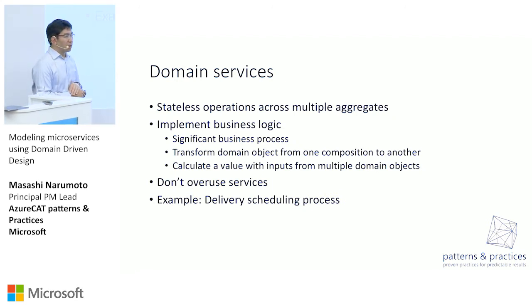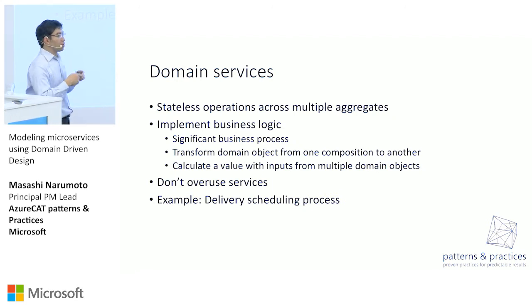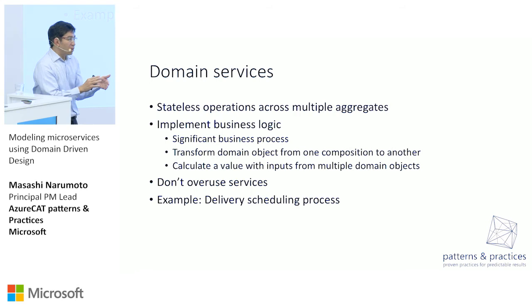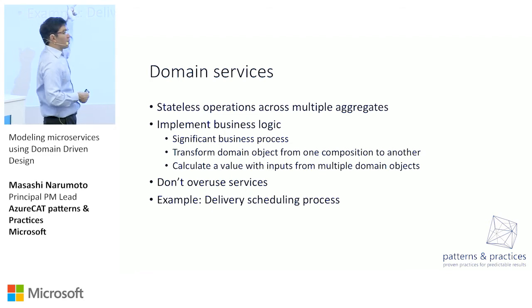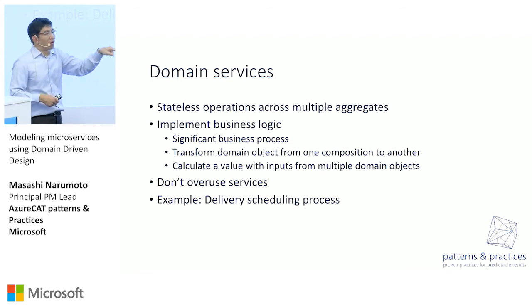Domain services are a good place to put stateless operations that span across multiple aggregates. If an operation is within one aggregate, it can belong to that aggregate, right? As a method, an attribute, a behavior. But let's say some workflow calls five different aggregates and cannot belong to one aggregate.